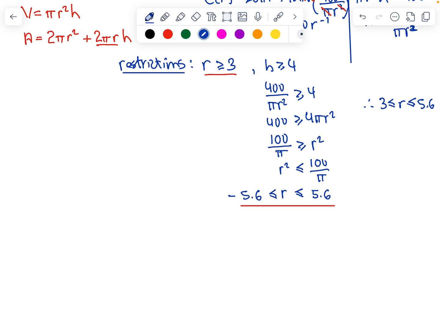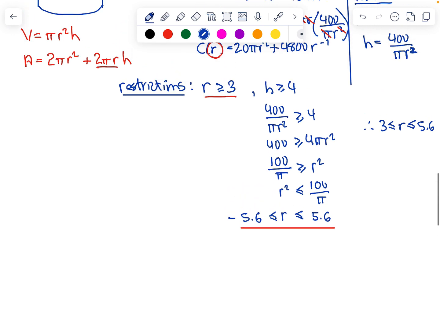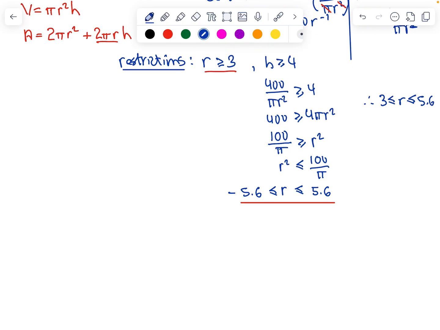So there's our restriction. And then that's where I'm going to stop because this question said just to look at the setup only. If you want to finish the solution, you can, but that would then be my next part: I would need to find the solution. So this is where now we would take the derivative of the area.